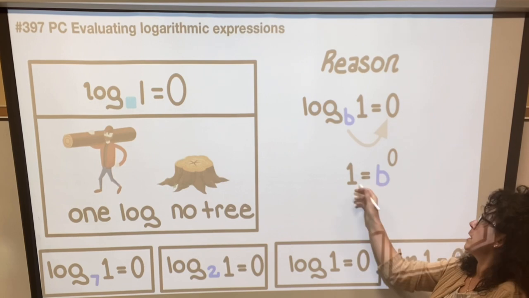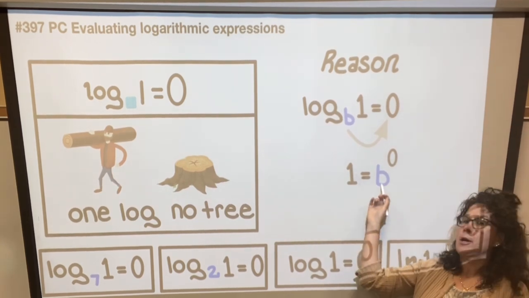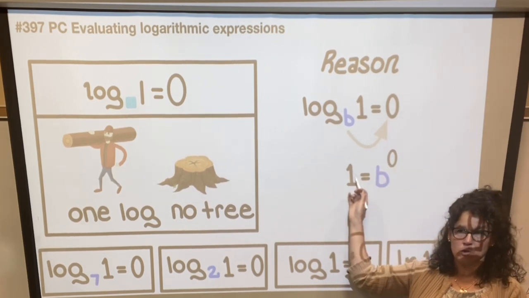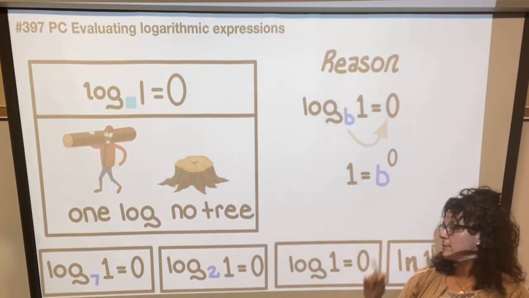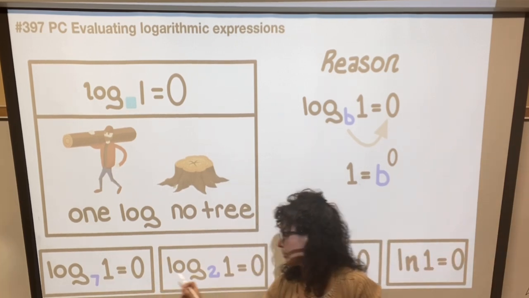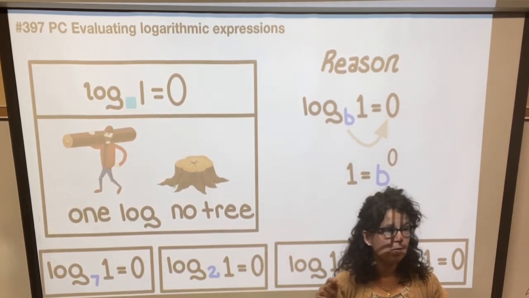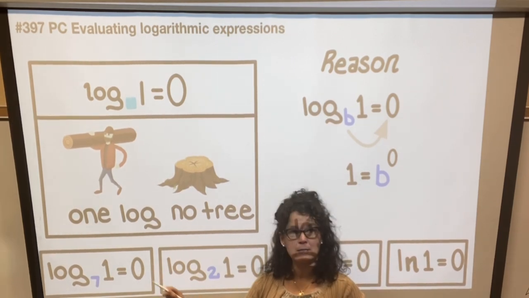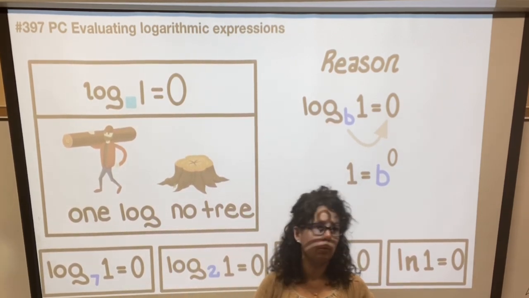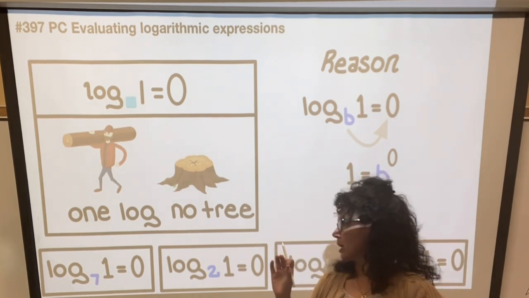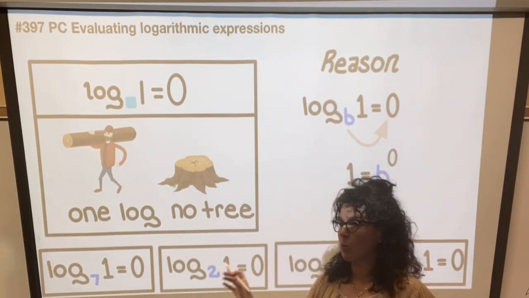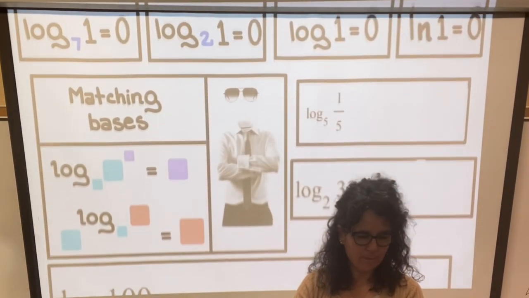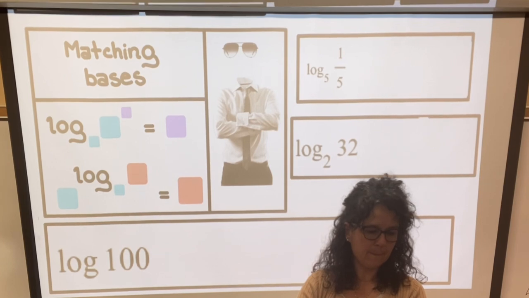And if you have 1 equals b to the power of 0, no matter what number, to the power of 0 equals 1. That's why no matter what the base numbers are, the answers to logs are exponents, so the exponent has to be 0. Okay, but the big takeaway is you take a log of the number 1, no matter what the base is, the answer is 0.